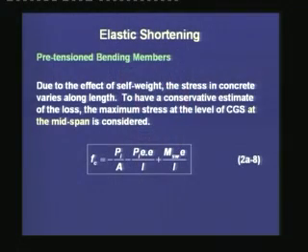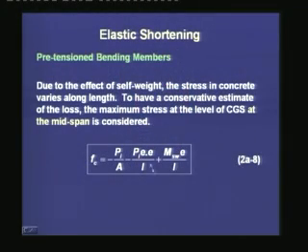To simplify the elastic shortening, we consider an overestimate by using the stress at the midspan as the representative stress of the concrete at the level of the CGS. The expression of the stress in the concrete at the midspan at the level of the CGS is given by this expression.